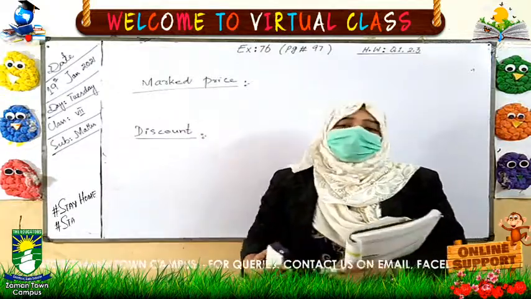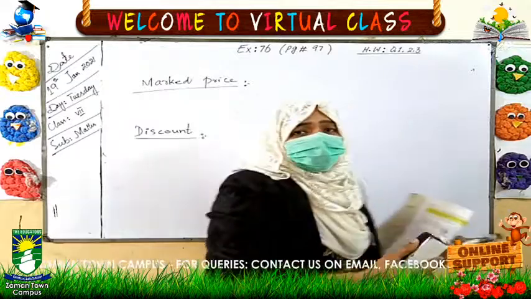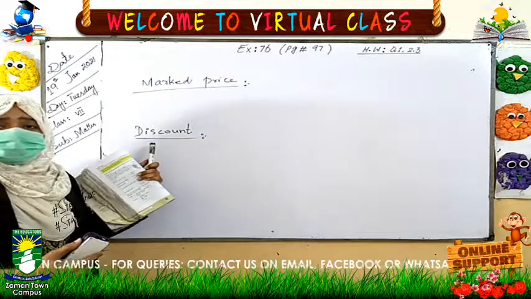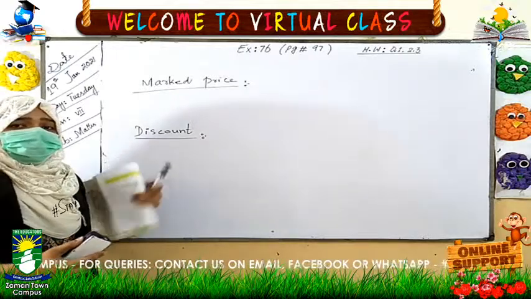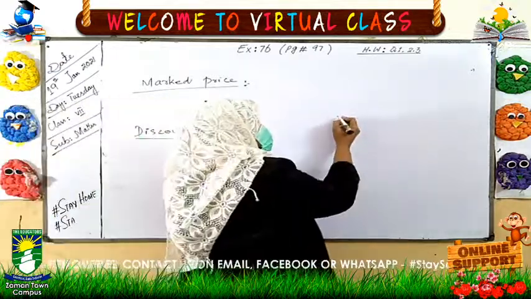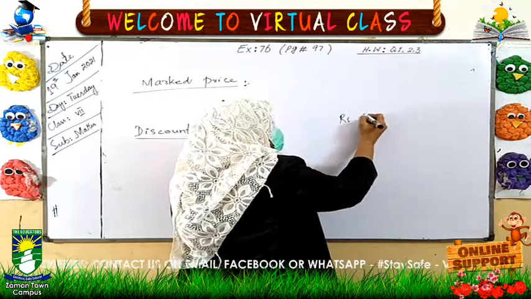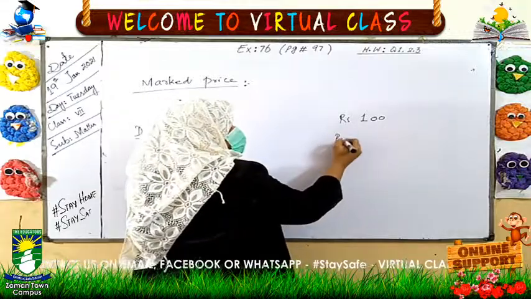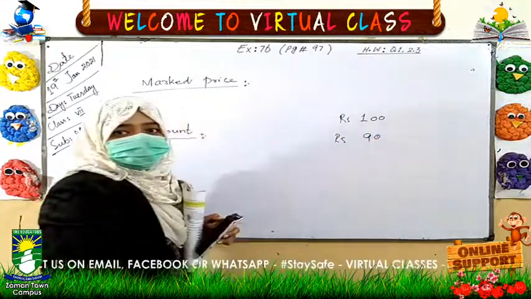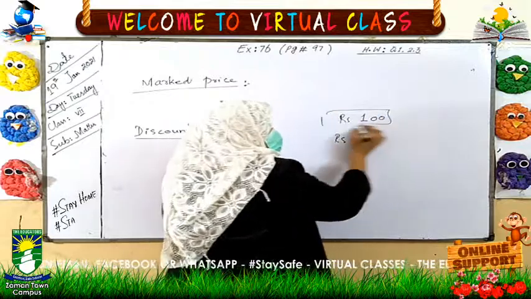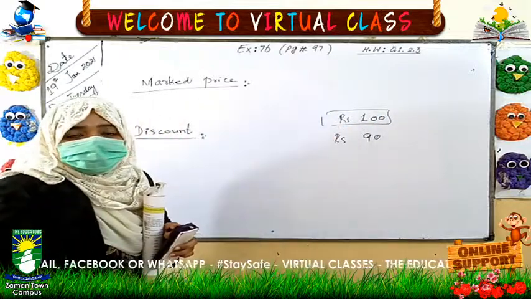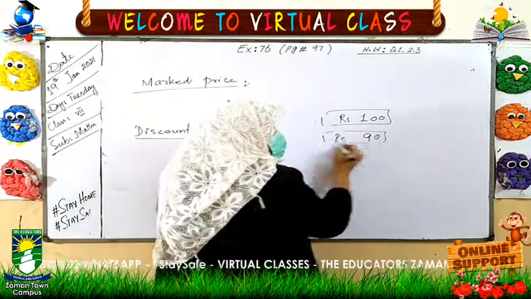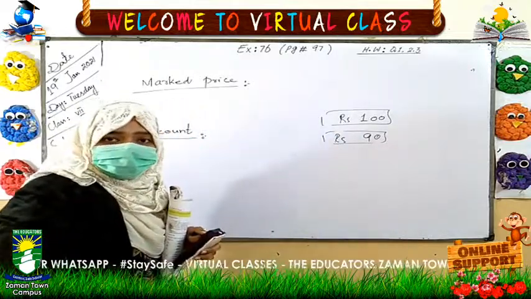They will reduce their mark price and sell it at a discount in order to increase their selling, which is known as a discount. Now, if you have any article of rupees 100, and I am selling it at rupees 90, the actual price or the mark price was 100, and I am going to sell it at 90, then I will give a discount of rupees 10. Then how will we find the discount?